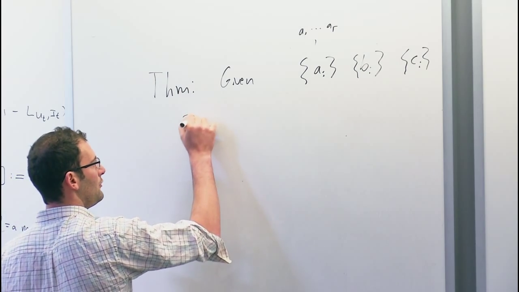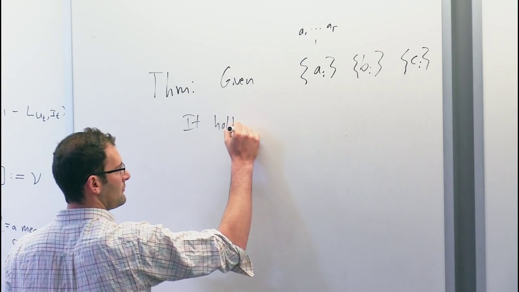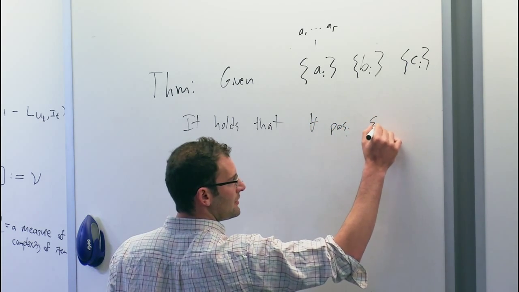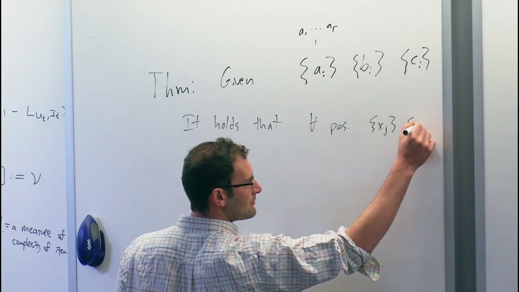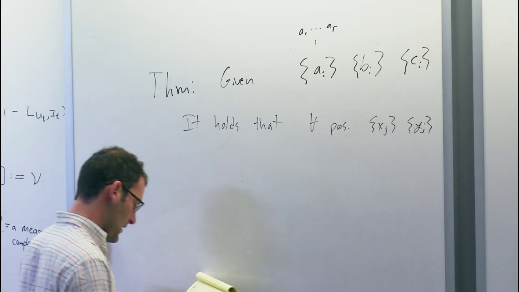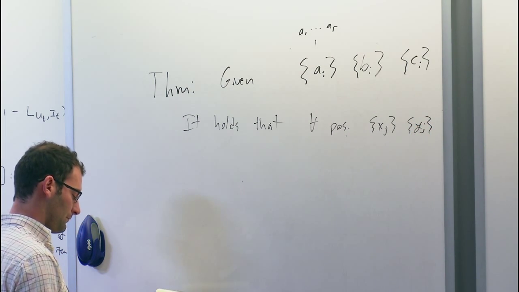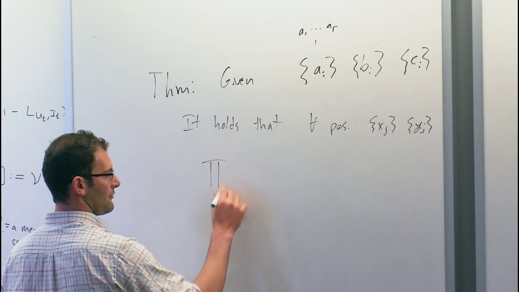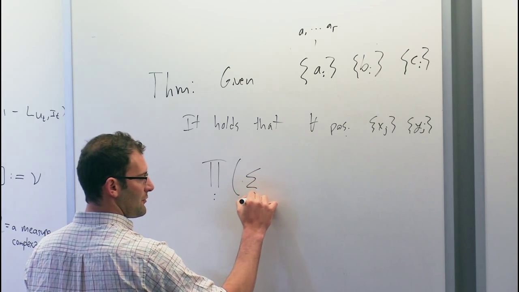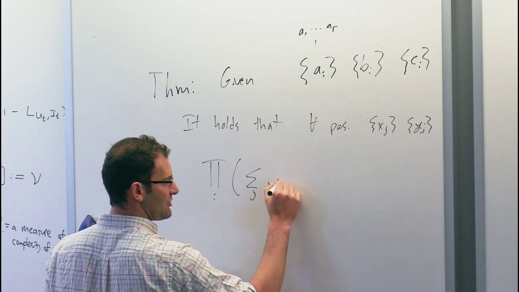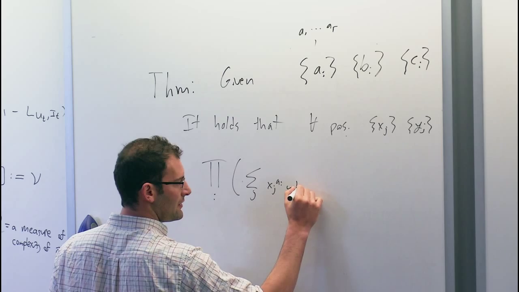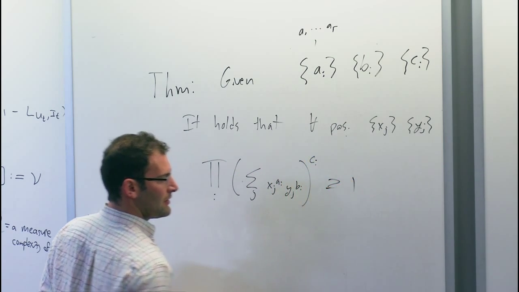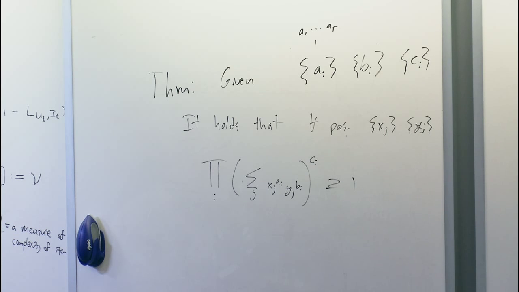The theorem is it holds that for all positive sequences x_j and y_j, the following is true: the product over i of the sum over j of x_j to the a_i, y_j to the b_i, to the c_i, is always greater than 1.